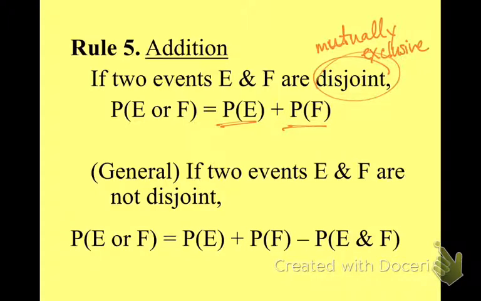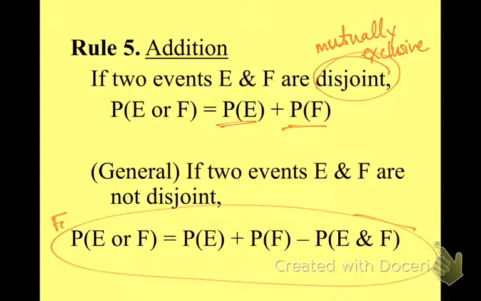And they never occur at the same time. So if 2 events are not disjoint, meaning they do happen at the same time, this is the formula that you use. It is on the formula chart, so you don't have to memorize it. But for an OR equation, you add E plus F, and then you subtract the intersection.